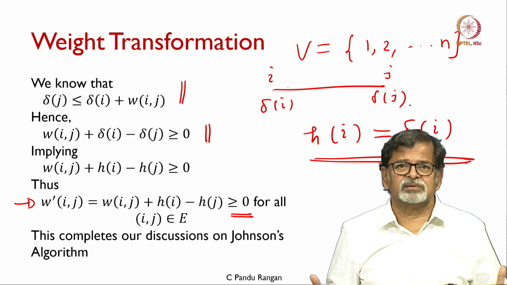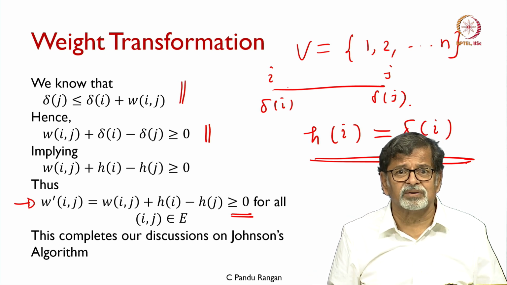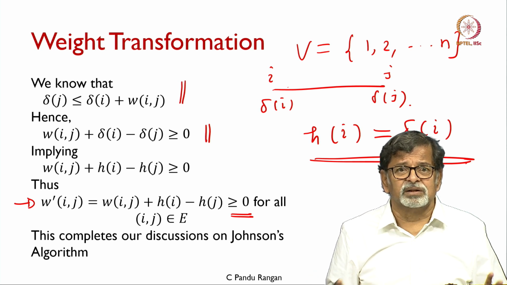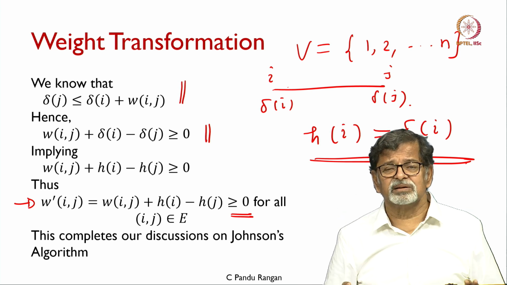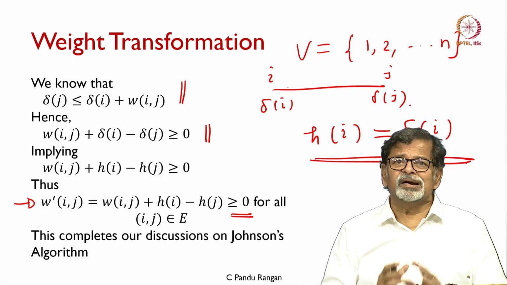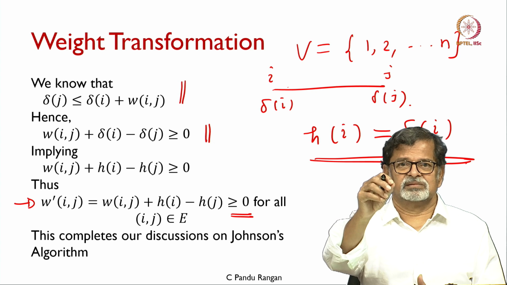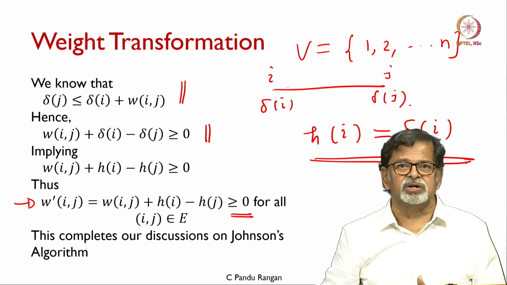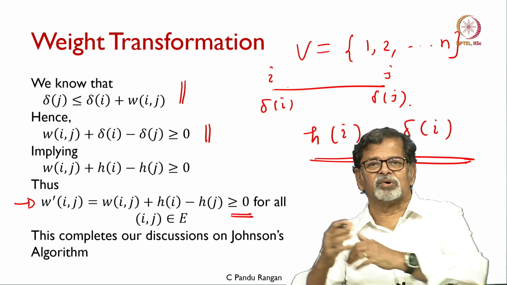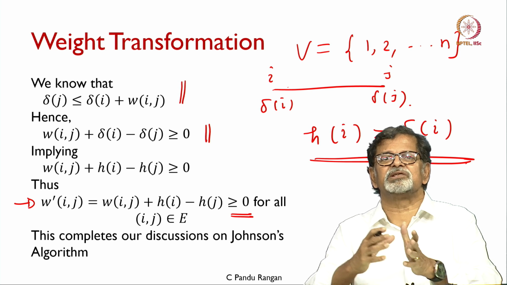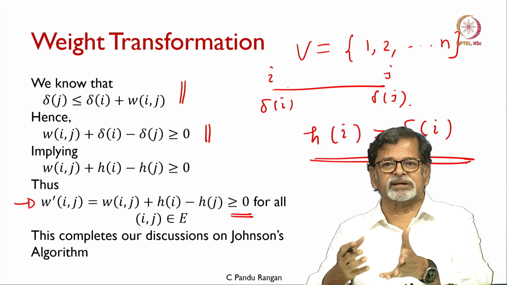And that is it. We have completed our discussions on the algorithm. To summarize, when a graph is given, add a vertex, draw edges with weight 0, solve with the Bellman and Ford algorithm, and for each vertex i you would have got delta i.